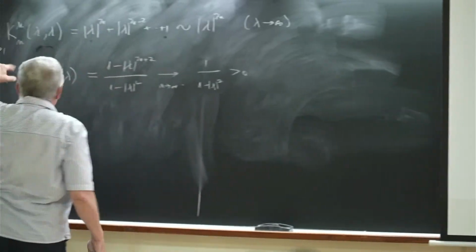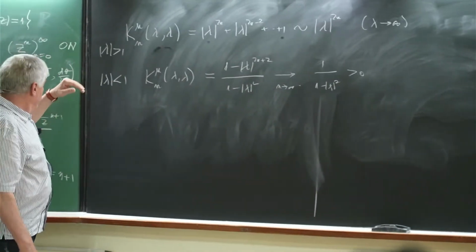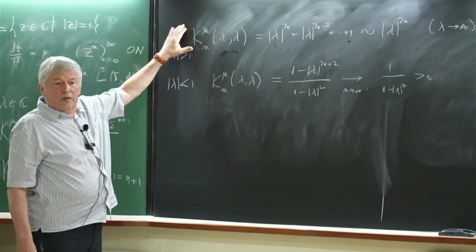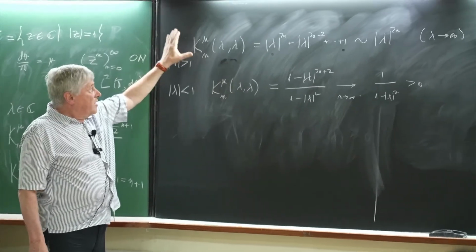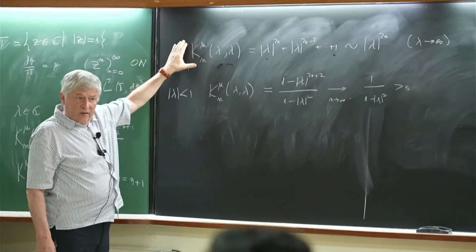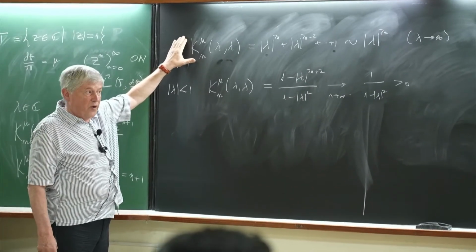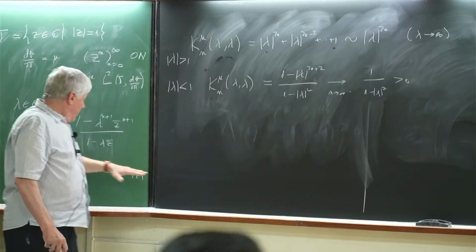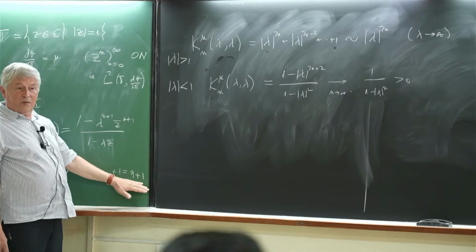Now, why do I mention this in detail? Remark the different asymptotic behavior. Here it is going to infinity exponentially. Here it is finite. And here it is converging to infinity, but slower.